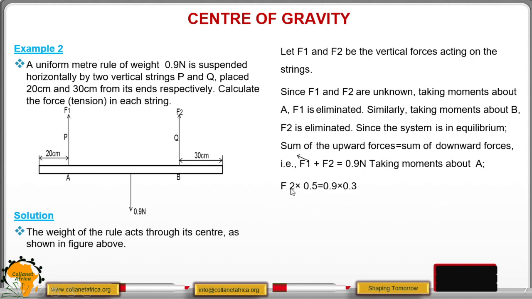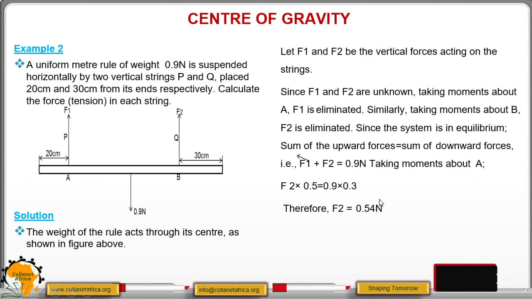We have said that F1 will be eliminated if you take the moment through here, and therefore you take F2 times the distance from here to here, which is 50 centimeters, equivalent to 0.5 meters, which is equal to the weight 0.9 multiplied by the distance from where the weight acts to the point of support, which is 0.3.